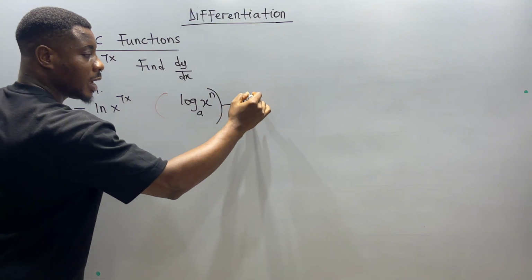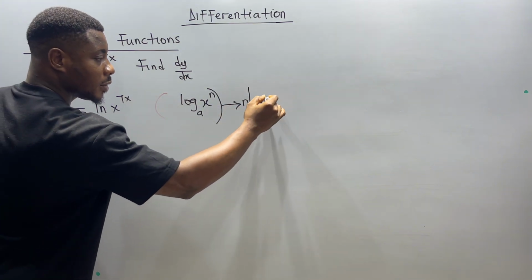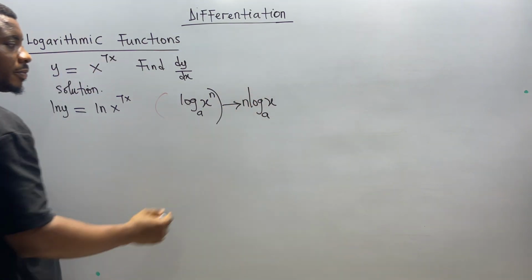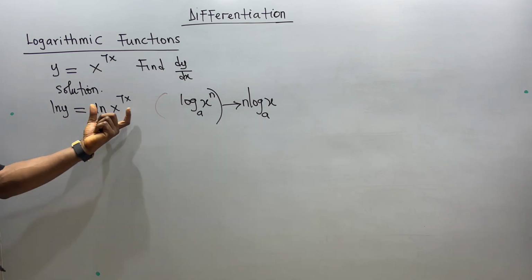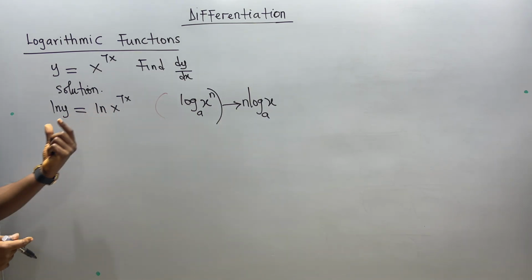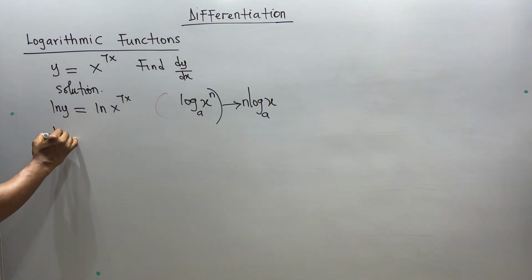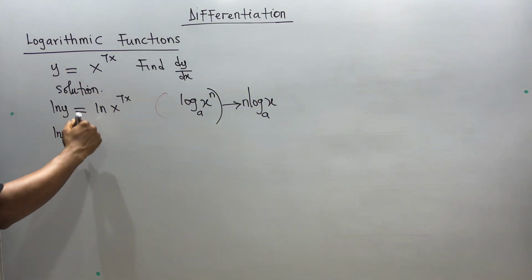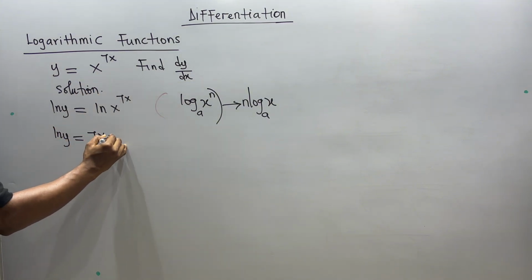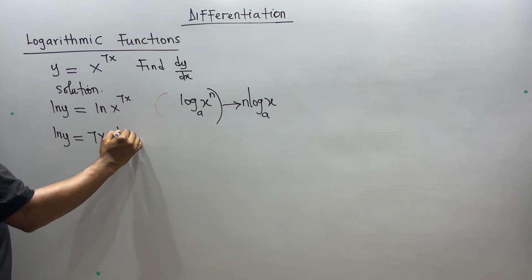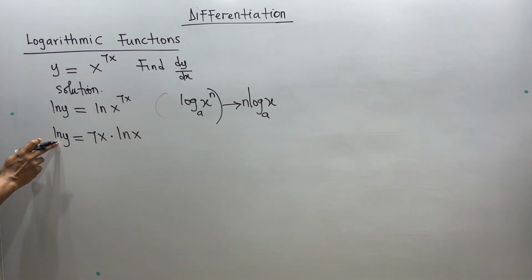So it becomes n log x base a. Let's apply the same technique here. The power comes to the back. So we have ln y is equal to 7x comes back to become 7x dot ln x. We're left with ln x here. Remember, we said ln is log to base e.